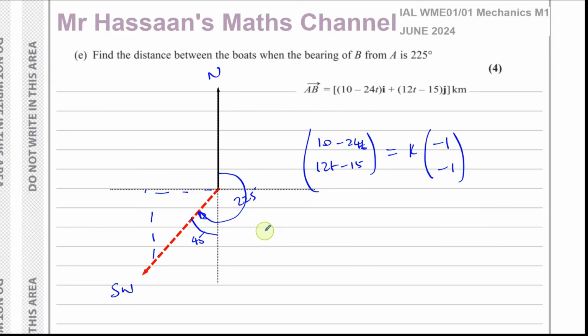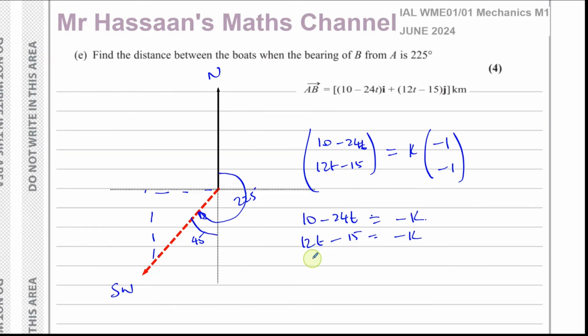Right? So basically, what's going to happen is you're going to end up with 10 minus 24t is equal to minus k, and 12t minus 15 is equal to minus k. So if we subtract these two equations from each other, you're going to get your answer.